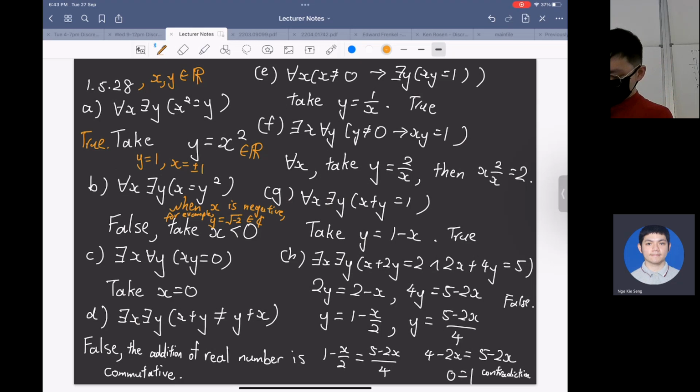Next, so C, there exists an X such that for every Y, XY equals 0. True or false? True. Why? Why is it true? You need to find me the X first. X equal to what?